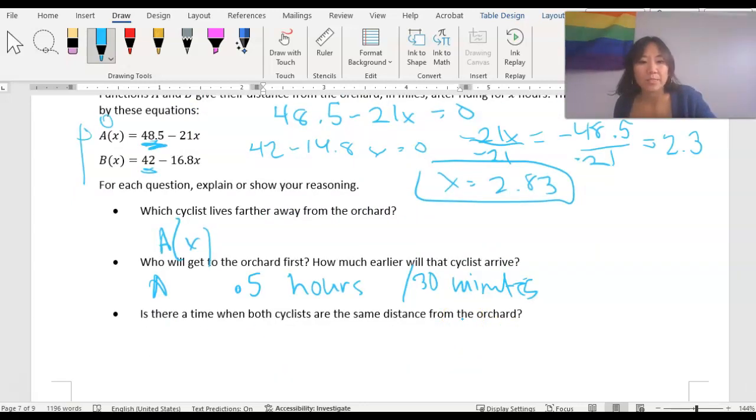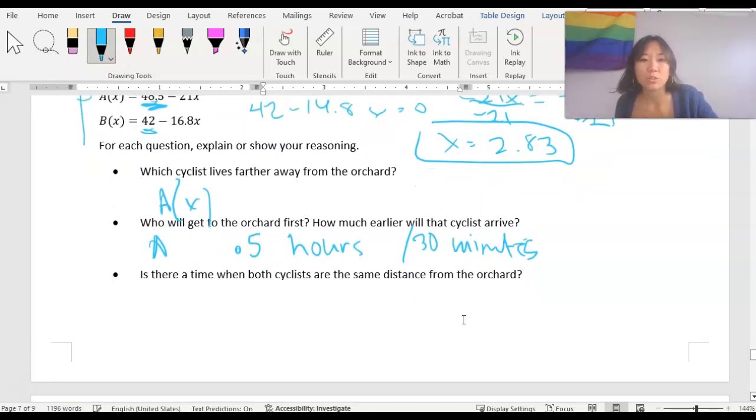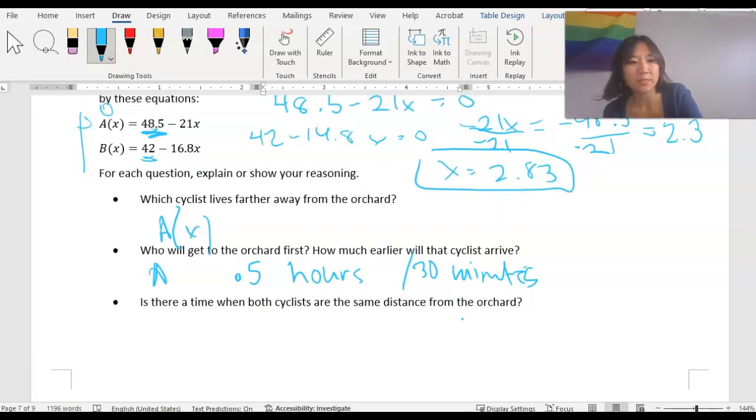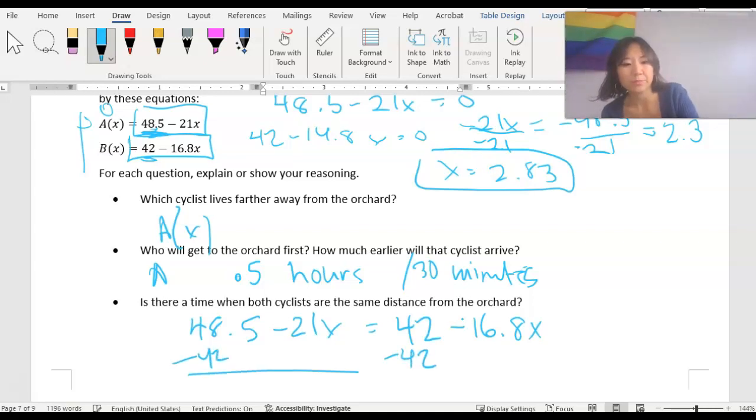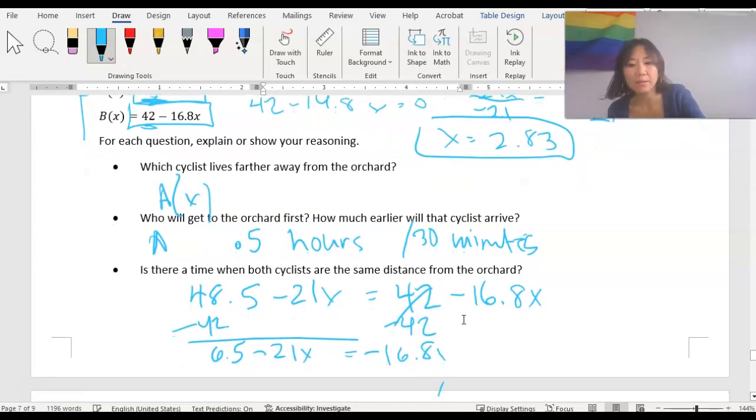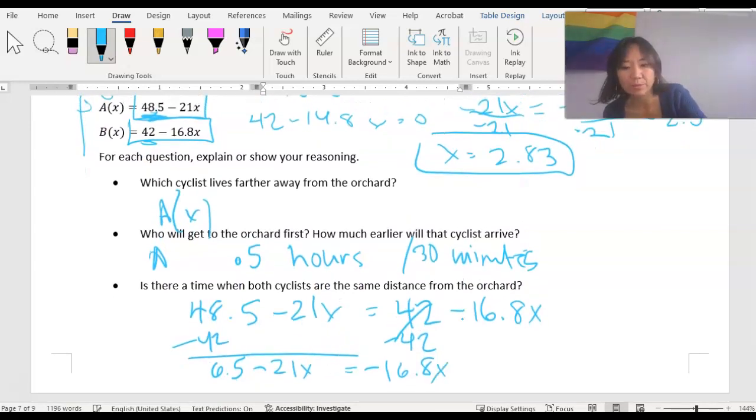It says, is there a time when the cyclists are the same distance from the orchard? So to find when the cyclists are the same distance from the orchard, we're going to set these equal to each other. So 48.5 minus 21x equals 42 minus 16.8x. All right, so now I can subtract 42 from both sides, and I will get 6.5 minus 21x equals negative 16.8x. Now I need to combine my x values. So I'm going to add 21x to both sides.